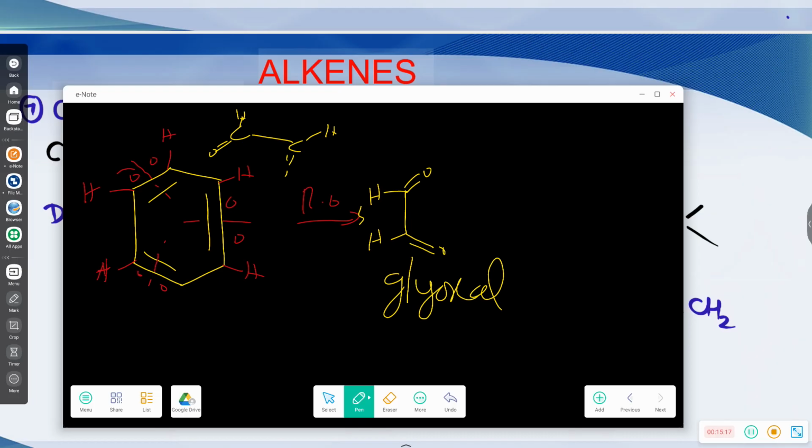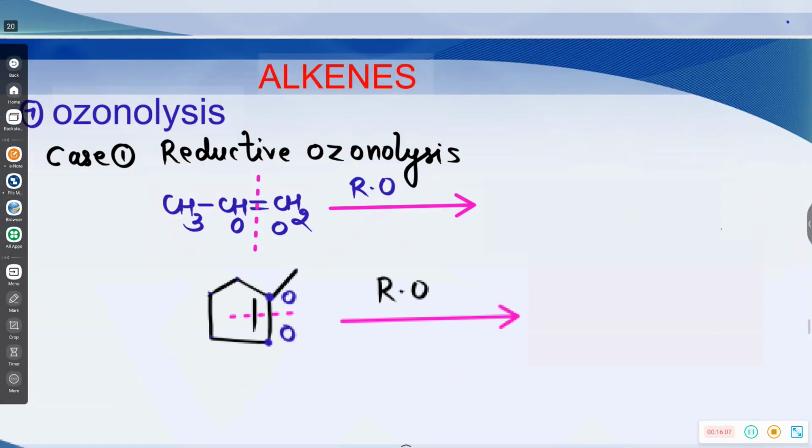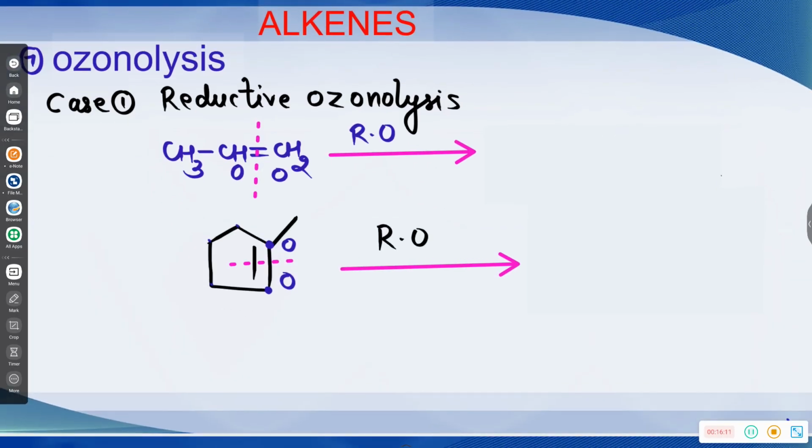Let's see. Understood right here? One is formaldehyde, another one is ethanal.